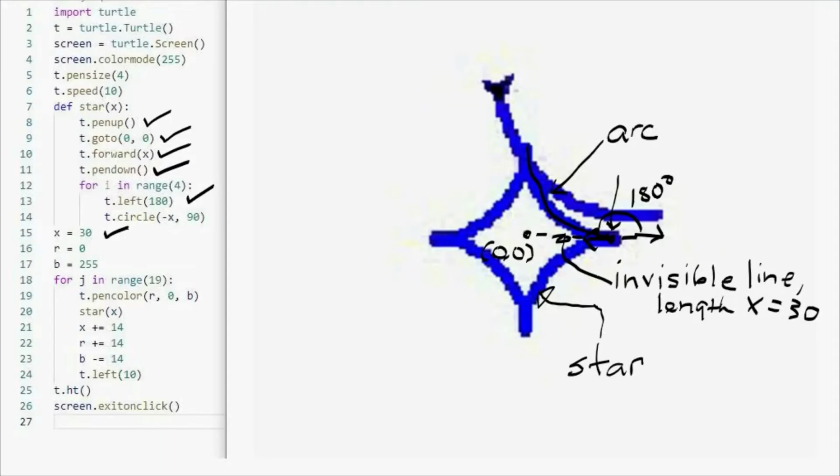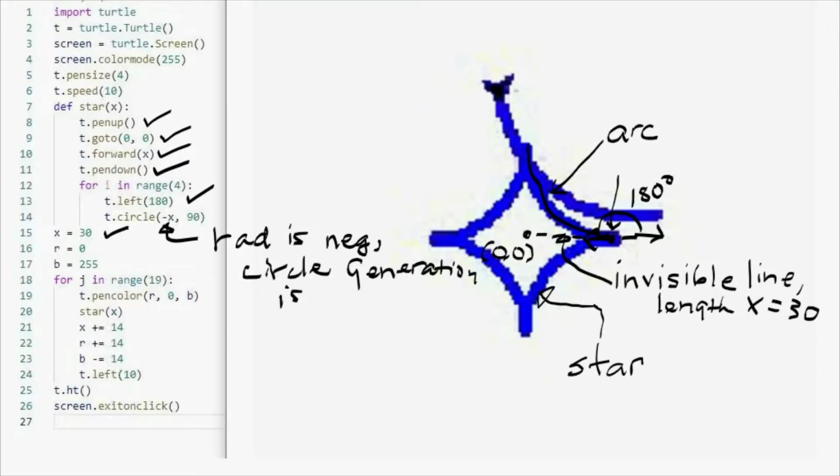Actually, when the turtle generates a circle, it is counterclockwise. But since the radius here is negative, the generation of the circle is clockwise.